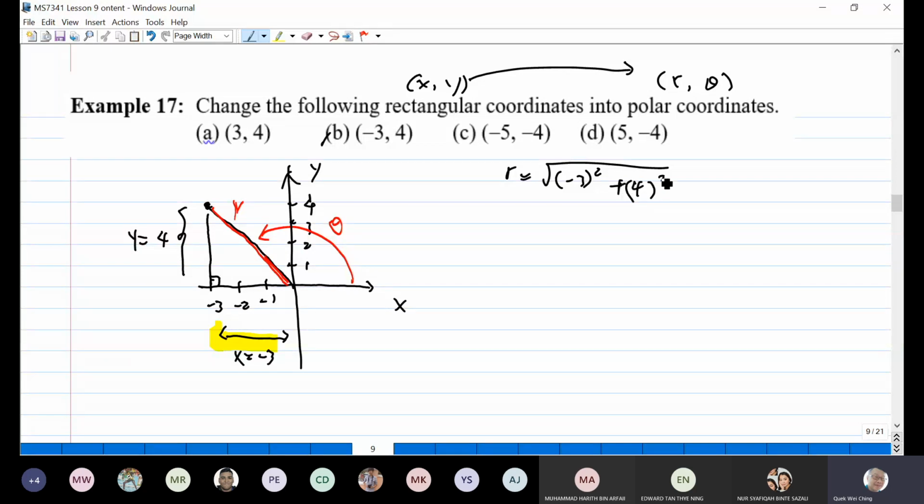So minus 3, you square it, you get 9. So this is actually 9 plus 16. Okay. Square root 25, which is 5. So the radius is 5. Okay, radius is 5 here. Very easy part here.